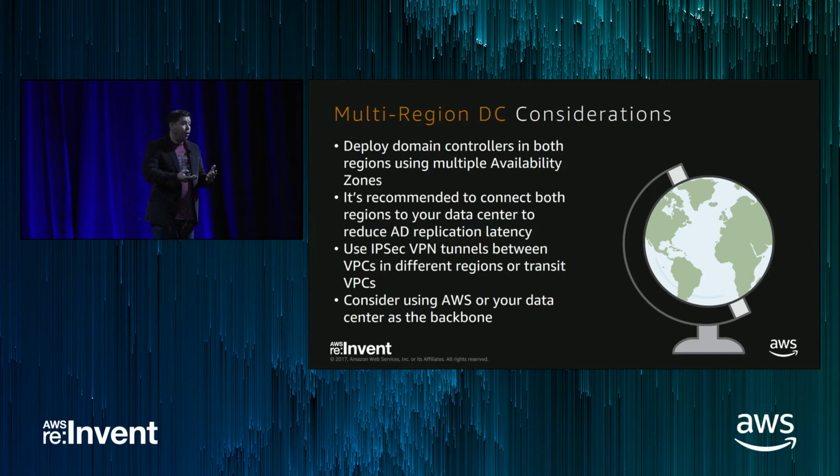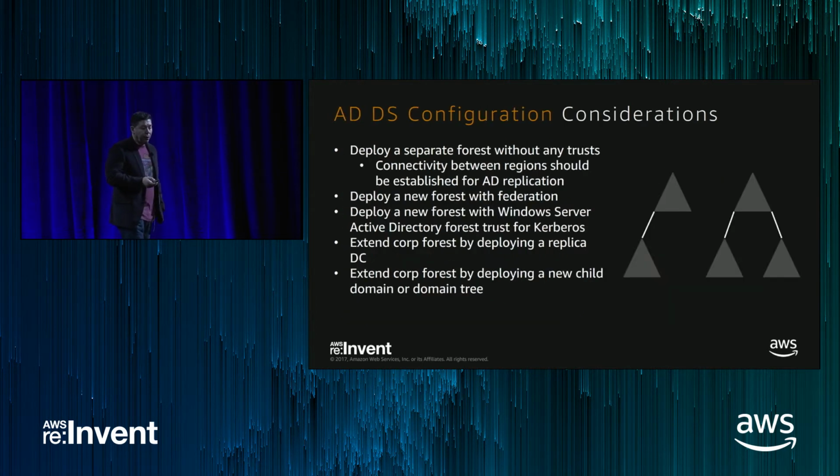And in that way, you're using AWS as the backbone for your replication versus using your on-premises data center as the backbone. But either way is supported. It just depends on your networking infrastructure. Again, the networking considerations determine what would be the most optimal configuration for your environment.